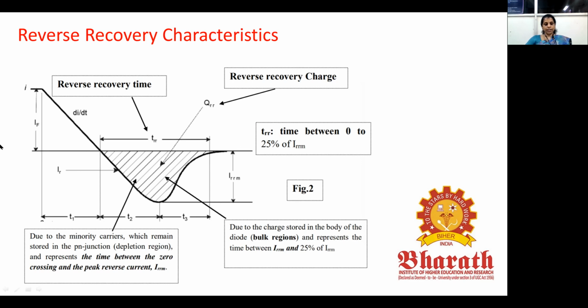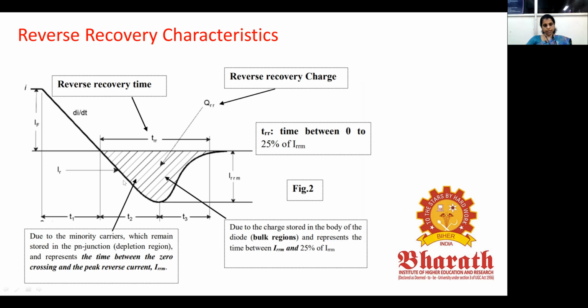So here we have a definition for this reverse recovery time. Due to the minority carriers which remain stored in the PN junction, that is the depletion region, it is the time between the zero crossing and the peak reverse current. So you can see that it is the time taken for the current to reach its negative peak value after it reaches zero.